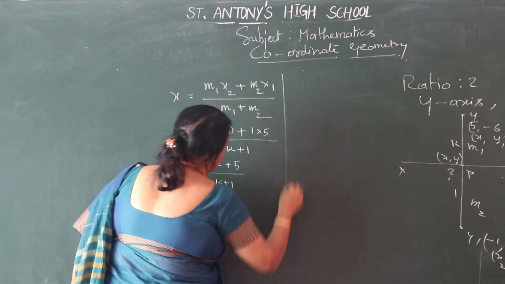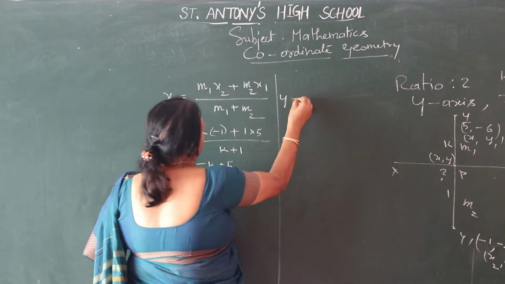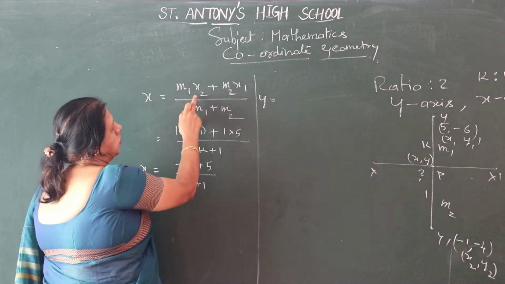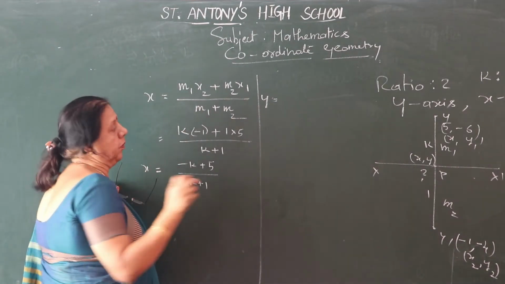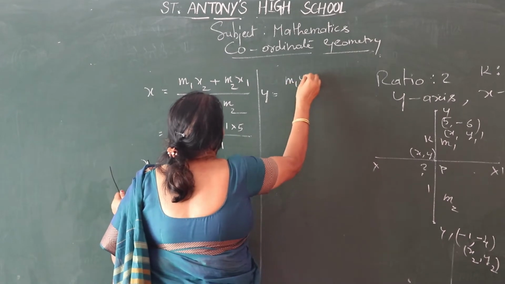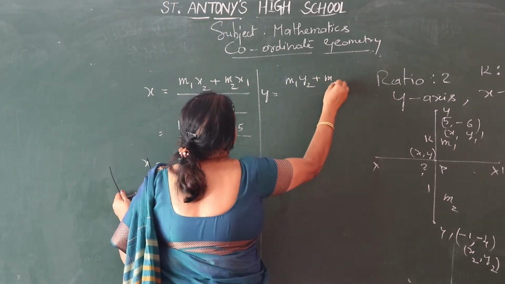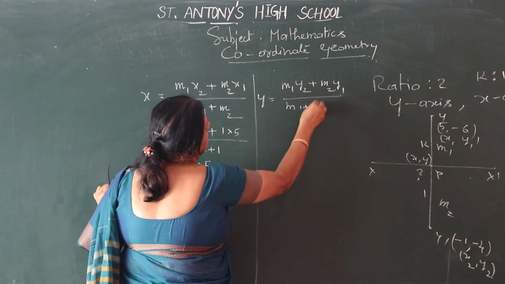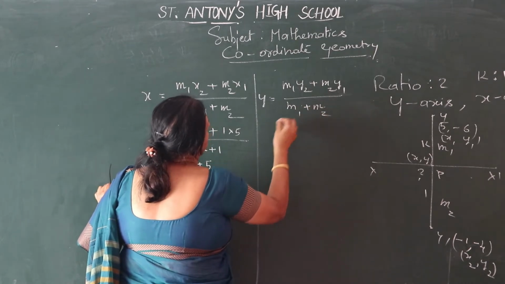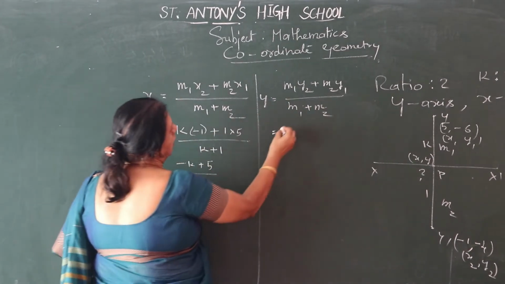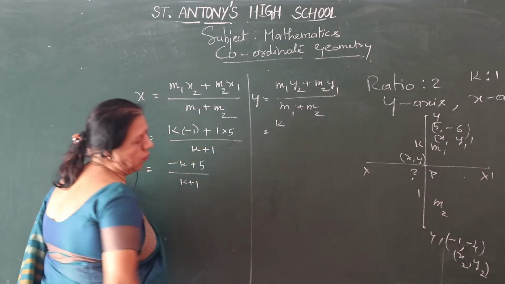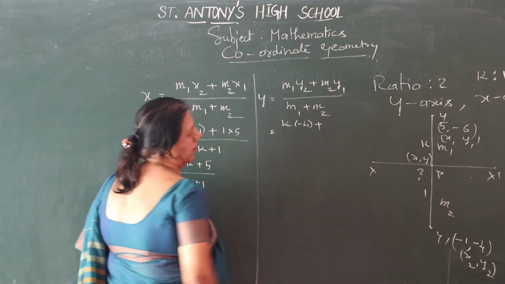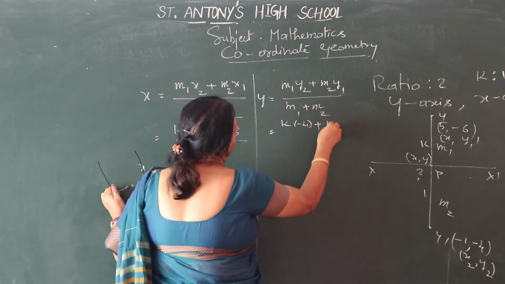Take y. Y is equal to, easy, the section formula. Substitute x2 as y2. Remember, m1 y2 plus m2 y1, children, over m1 plus m2. Now substitute m1 as k. What is y2? y2 is minus 4, plus m2, which is 1, you know already.